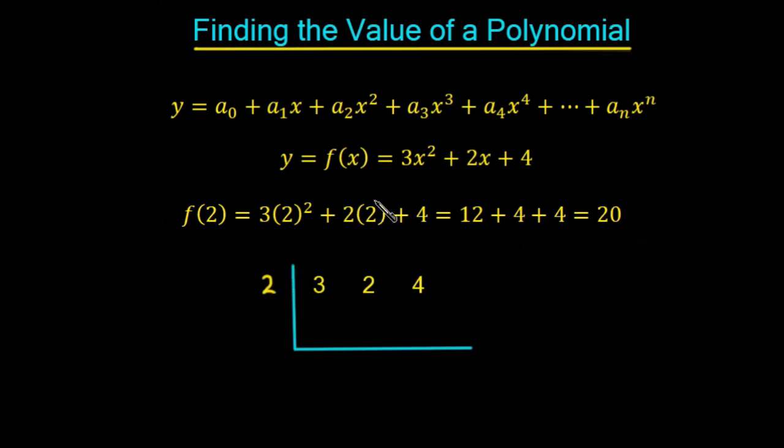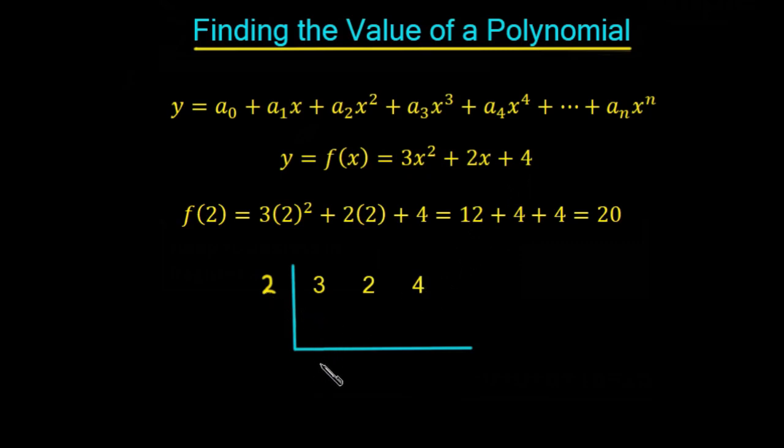So what we do is, on the outside here, we have the value 2. So this is the x value that we want to find the y value for. Now what we do is we copy out the coefficients. So the coefficient of x squared is 3, the coefficient of x is 2, and there's no coefficient here, this is just a simple value 4.